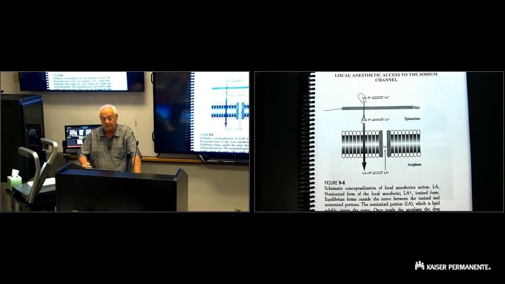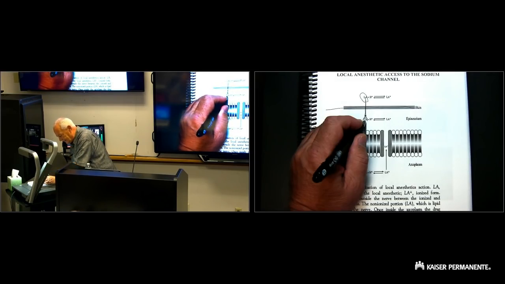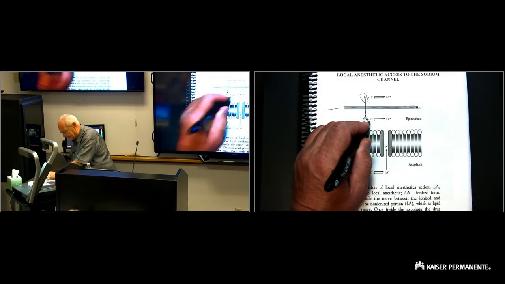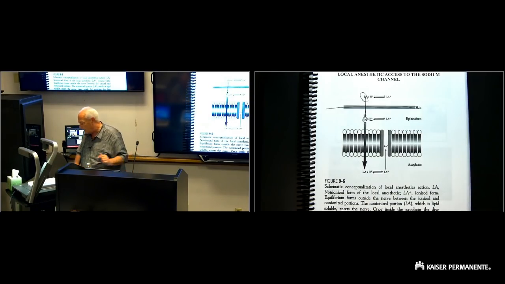Now the local anesthetic is going to have a certain pKa, and depending on the pH that it's in, it's going to be ionized, not ionized, partially ionized, etc. And that's what they're trying to show here. There's LA plus H, hydrogen ion, that's in the tissues. That's your pH of the tissues.